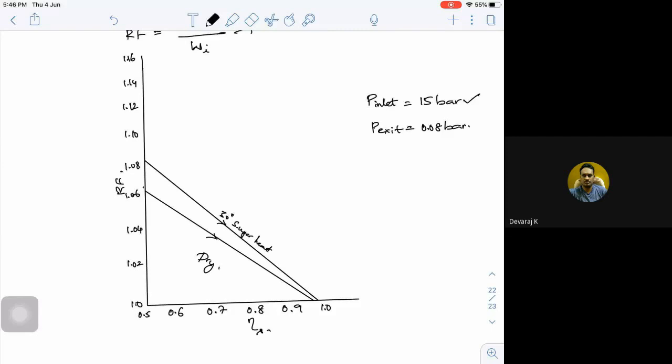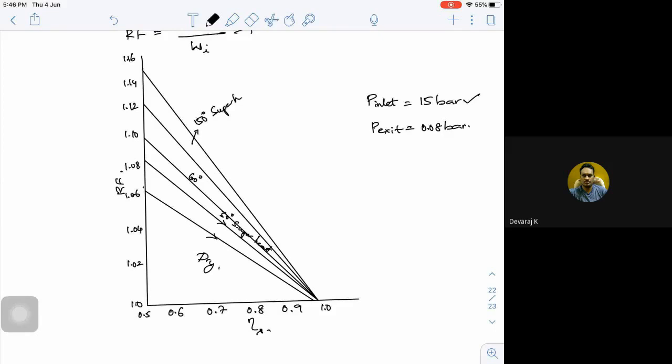If it goes further, my curve will be something like this if it is 60-degree superheat. Like this, I can go up to 150 degree superheat, or my curves will be like this. It becomes steeper and steeper with an increase in superheat, maybe around 150 or 200 degrees superheat.